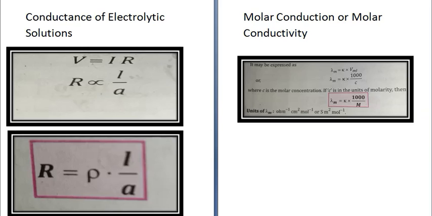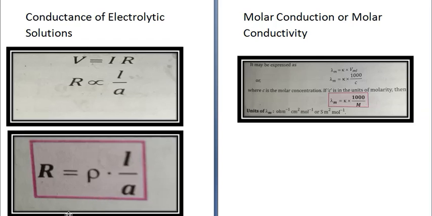That is, R is proportional to 1 upon A. So R can be written as R is equal to rho l upon A, where rho is the specific resistance or resistivity, and its unit is ohm centimeter, or ohm meter in the SI system.